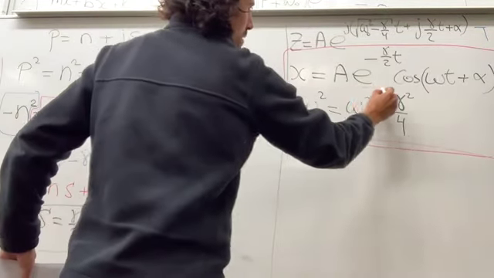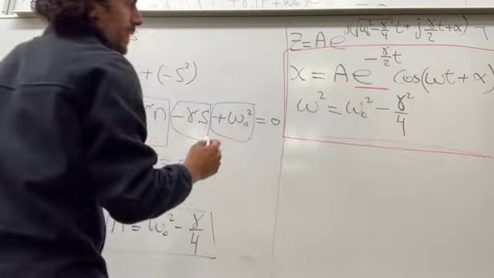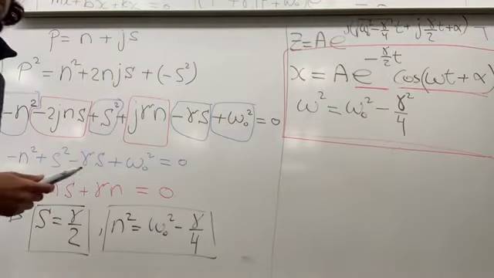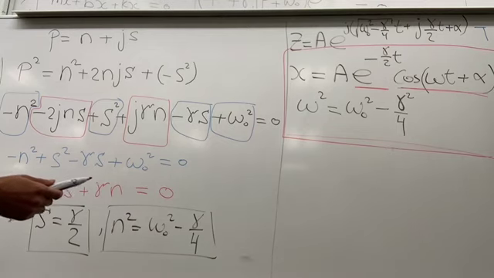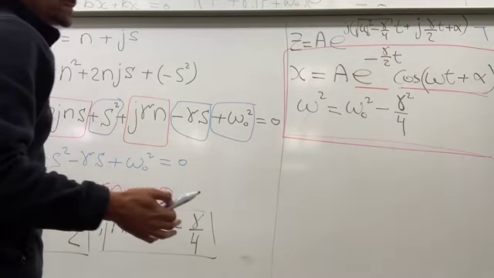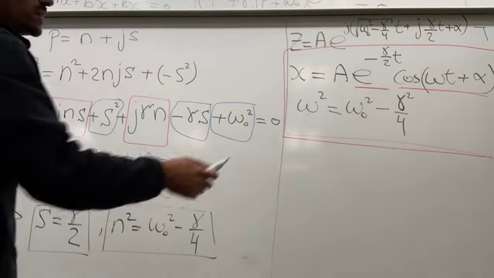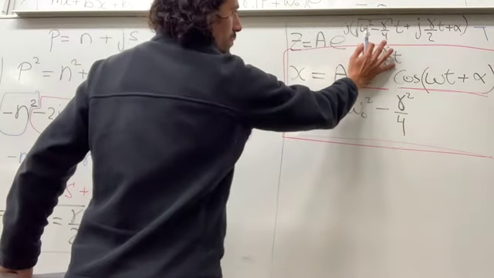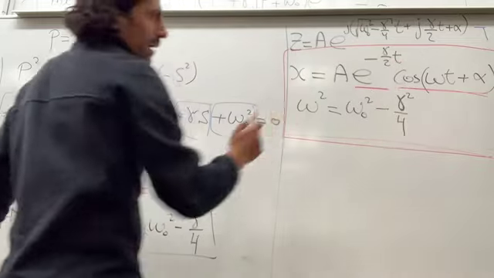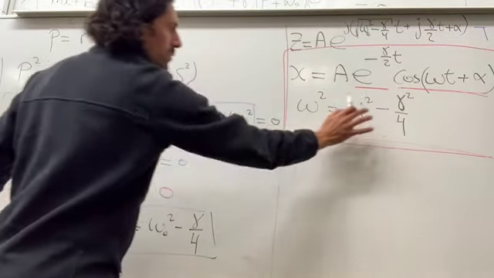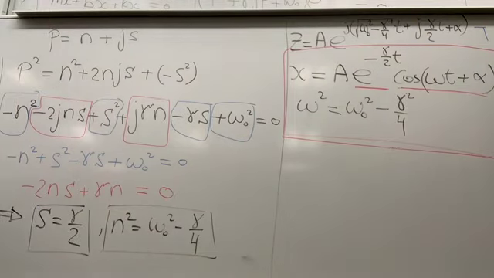This term is the decaying term, and this is the oscillating term. Without gamma, without drag, this term would be 1. And we go back to the problem where omega squared is equal to omega 0 squared.